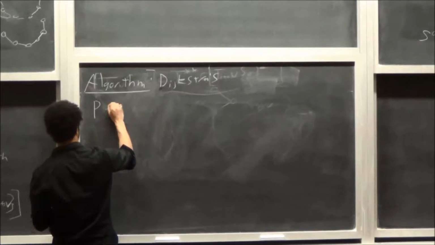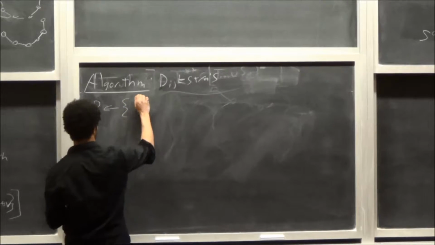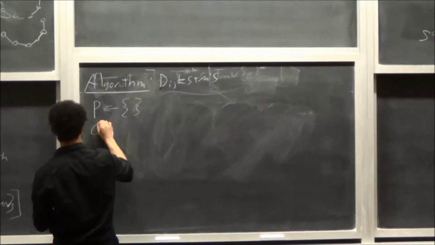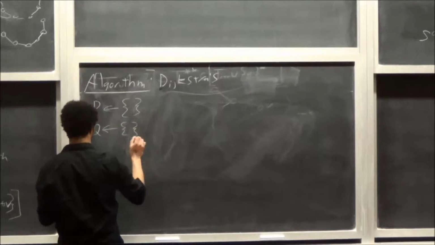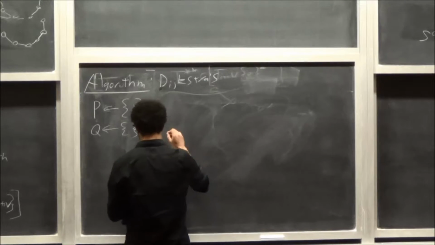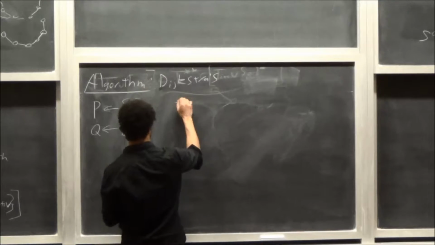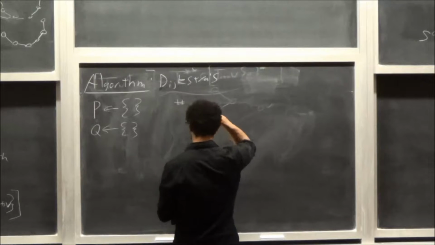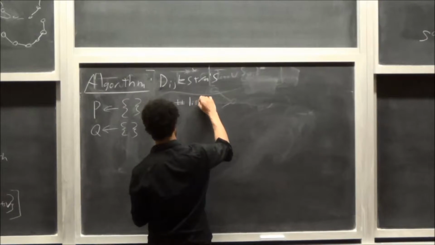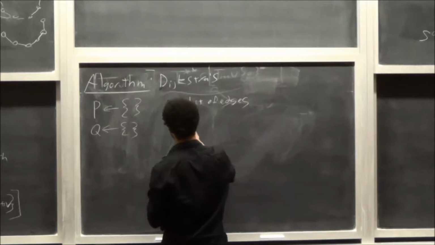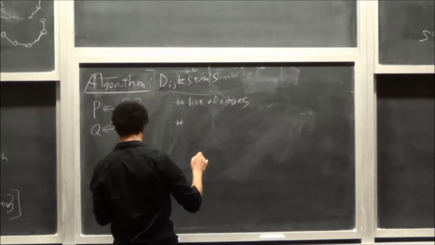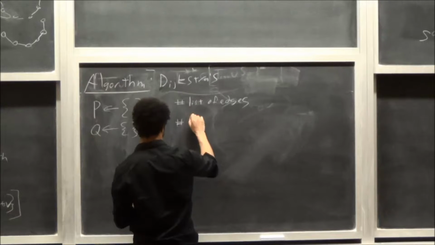So in this algorithm, we're going to have a path that we're going to initialize and a queue that we're going to initialize. And this guy is going to be our sort of list of edges that we're going to keep track of. And this queue, we can use a priority queue.